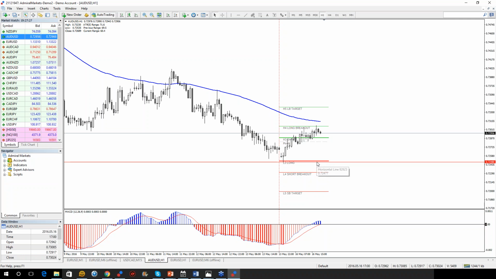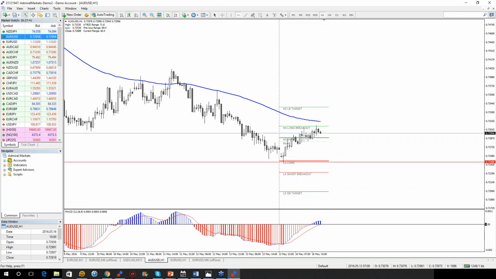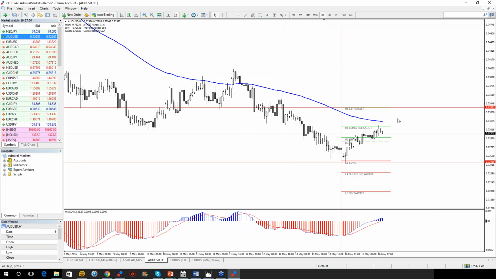So below this 72.48, so 72.45 could be a good trade to the downside. Initial rejection could happen at 73.40. And the only buy trade is 71.95. So this zone particularly is interesting for me to sell. H5 confluence, look at this. A lot of historical rejection, so I think it can reject through this spot.